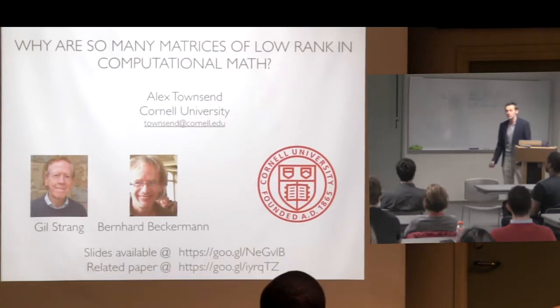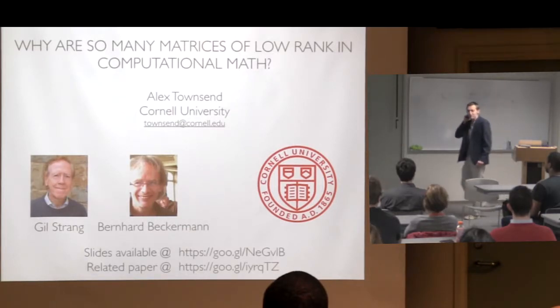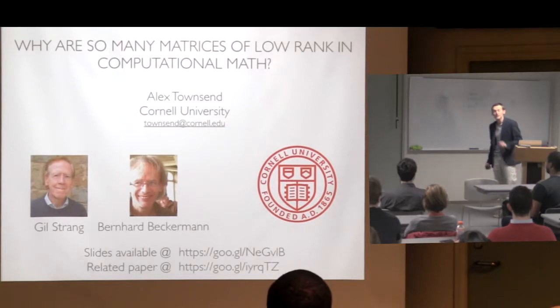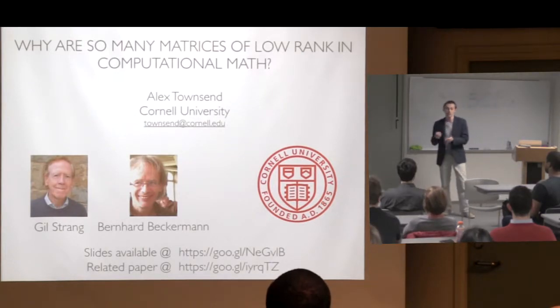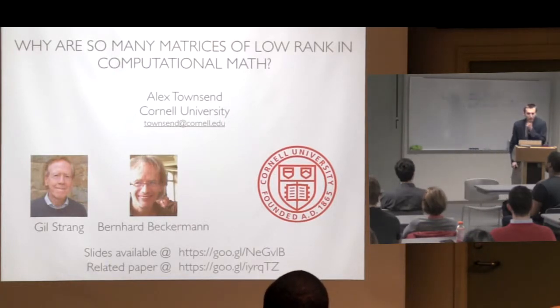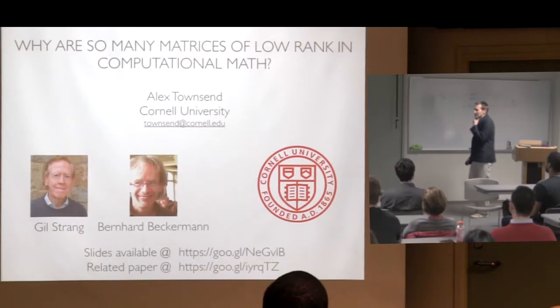Multilinear algebra and tensor compression is all about low rank matrices and tensors. Krylov methods need low rank matrices to get their convergence from Krylov matrices. Fast transforms, a lot of them use low rank matrices to get their speed. And I wanted to understand why this is.